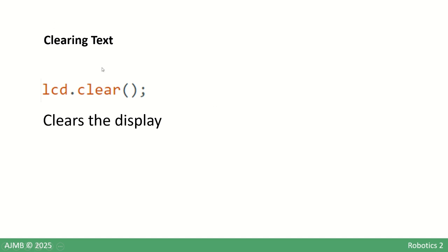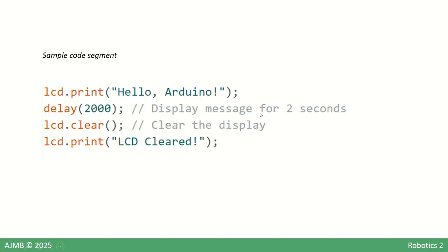How about after displaying the text, you want to clear or remove some of the text on the display? Well, you can use the LCD.clear function. It doesn't require any parameter, so there's nothing inside the parentheses. If you use this, all of the content displayed on your LCD will be erased.